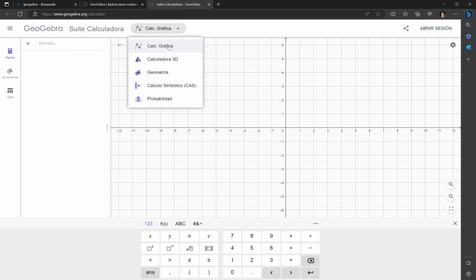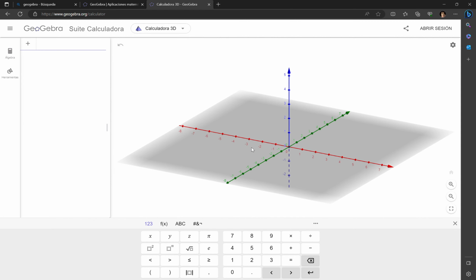Then we are going to choose the calculator 3D. But what's the difference? Then I have the x-axis, y-axis and z-axis. That is the plumb axis.